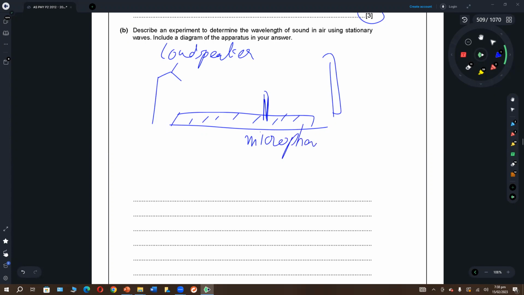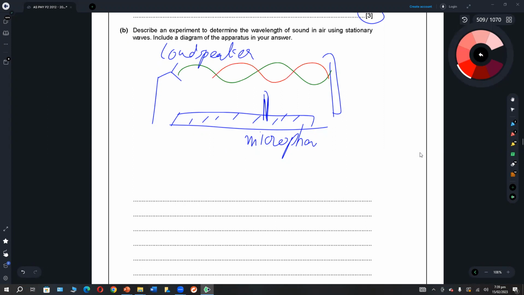Yes, I got it. The waves were produced, hit the surface and got reflected back, and then there was superposition. Yes, you send a signal like this. The signal strikes, and the signal comes back, and it forms a series of node, antinode, node, antinode.